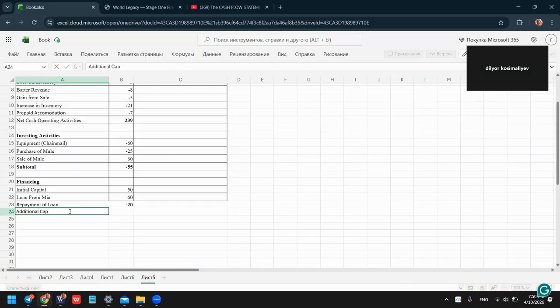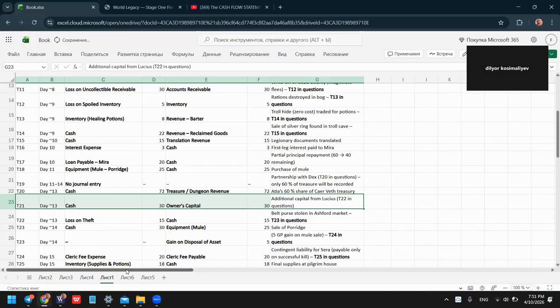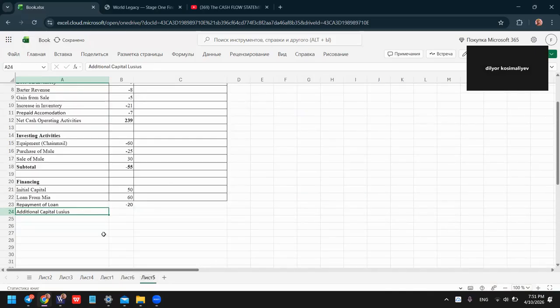Additional capital from Lucius. So it's 30.